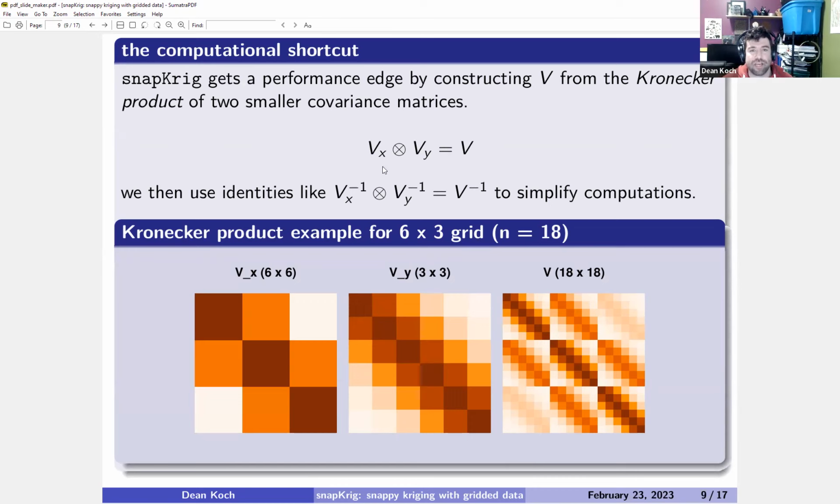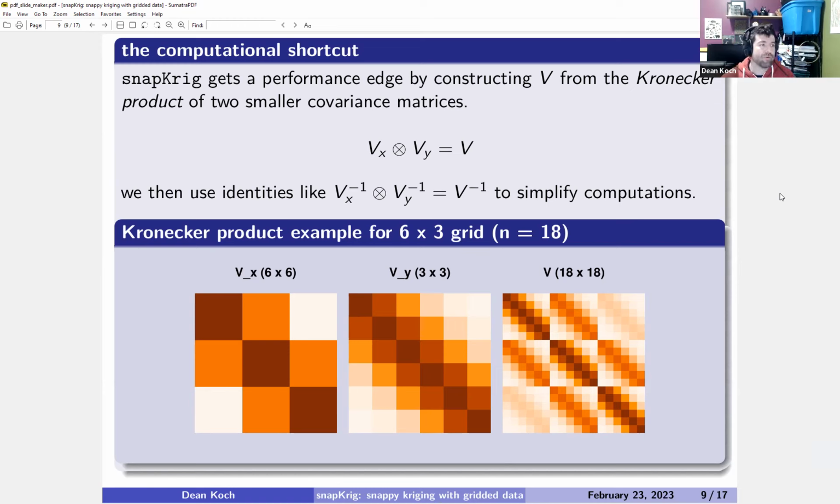So we would write Vx and Vy for the smaller matrices, and their Kronecker product we denote by this kind of circle multiply symbol. The reason we want to do this is that there's this whole set of very convenient mathematical identities that becomes available to us when V is structured this way.